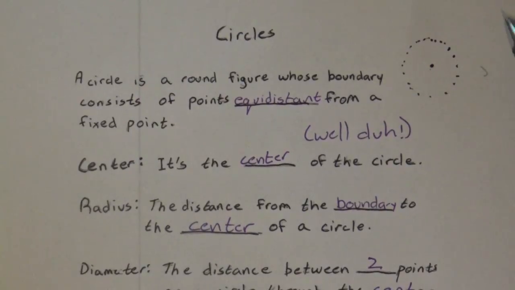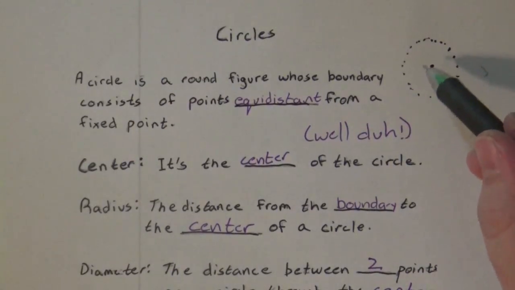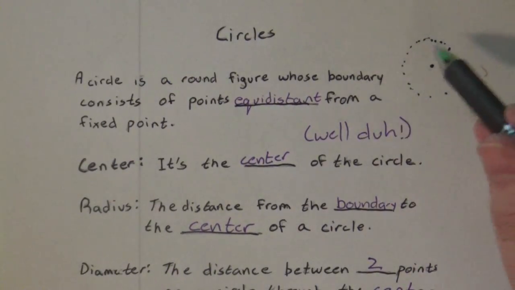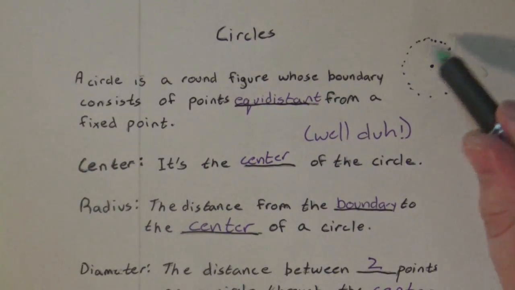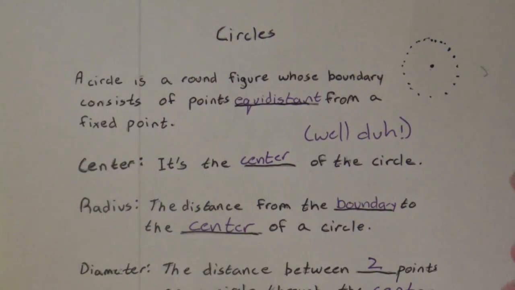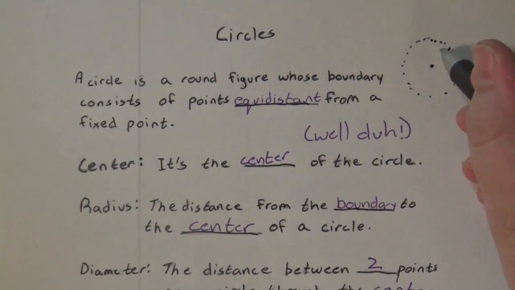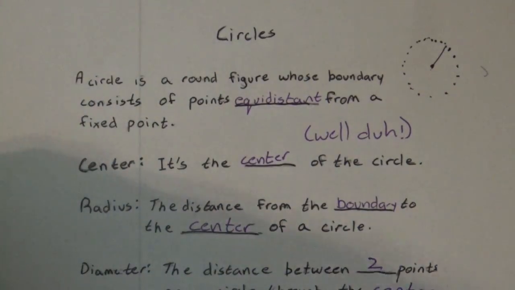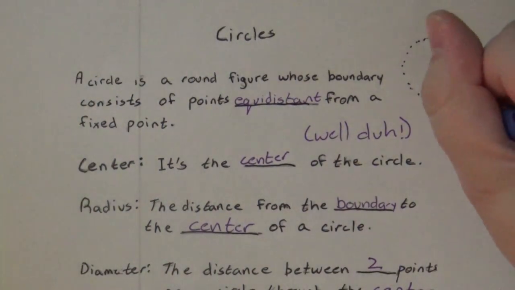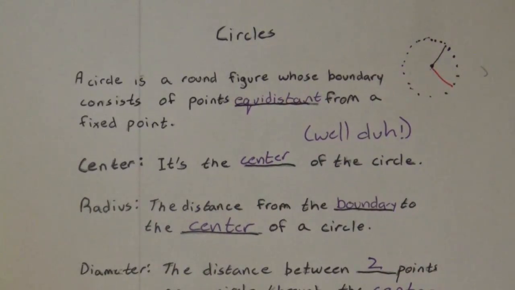And what did I make? I made a circle. That's all it is. On a circle, there can be an infinite number of points, but we usually just make a line around it. This is equal distance from here to here as it is from here to here. That's all that's talking about.